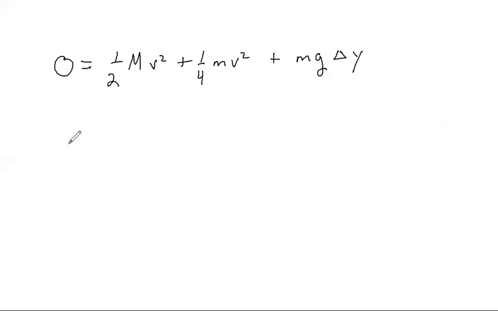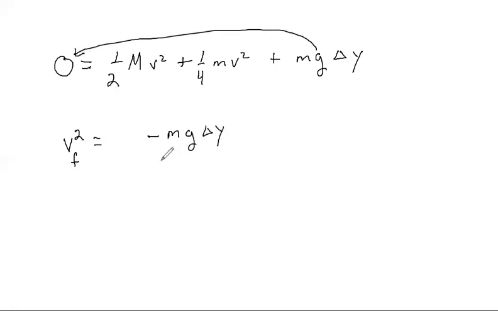Or turning this around, I can find that v squared, the final velocity squared, equals, just reworking this, minus mg delta y by moving this across the equal sign and dividing by the coefficients of velocity squared.